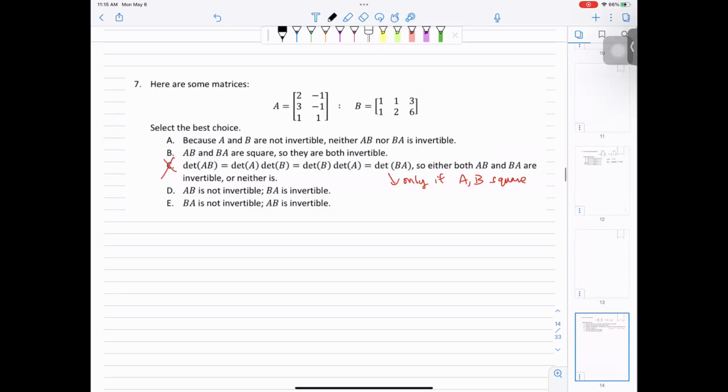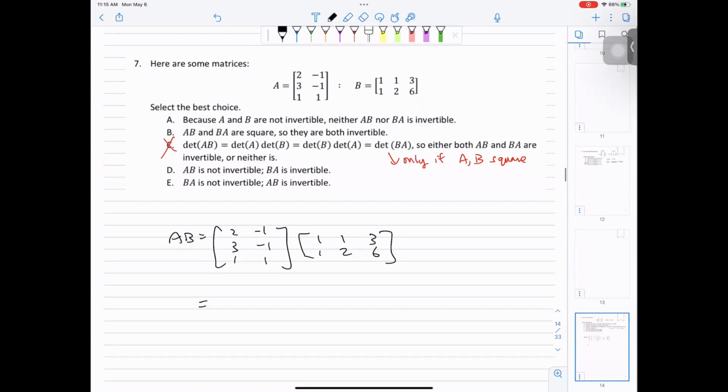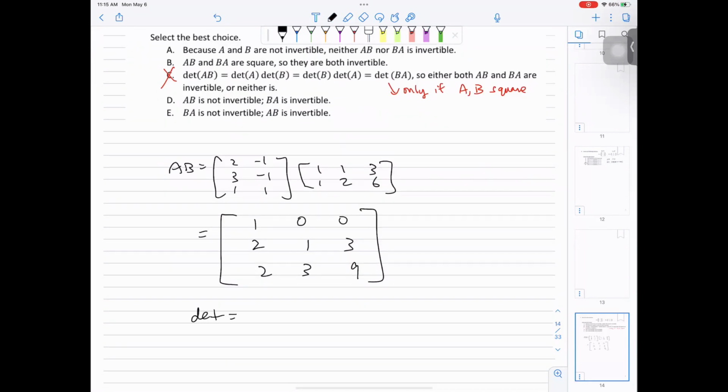So what is AB? AB is going to be this matrix times B. Let's see if it's invertible. I get 2 minus 1, which is 1. This is the matrix I get: 2, 3, 9. What is that determinant? I'm going to do 1 times this, which is 1, 3, 3, 9.